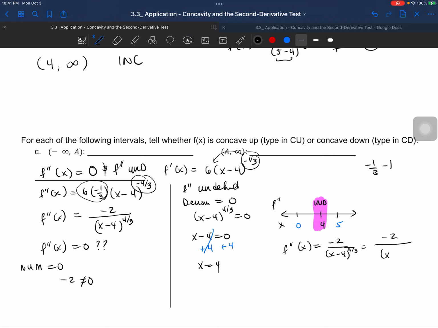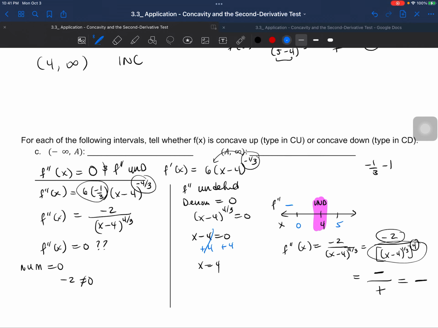Can I say something here real quick? If we know that this is being raised to the 4th power, what we can do here is have the 1/3 there and raise this to the 4th power. We can do that because remember that 1/3 times 4 gives you that power. So we already know what's going to happen, because -2 is always negative, and the bottom part is always going to be positive because you're raising that to an even power.